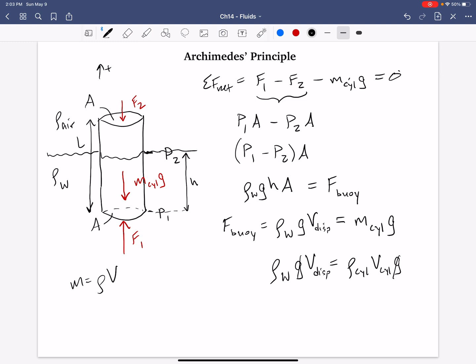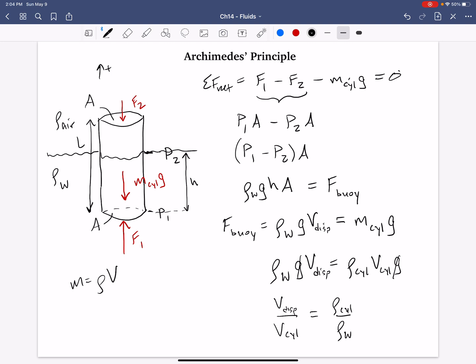Actually, let's do it this way: the volume displaced divided by the total volume is simply equal to the density of the cylinder divided by the density of the water.